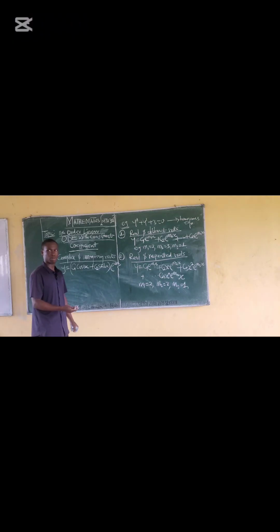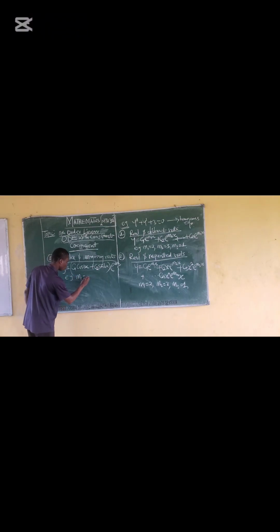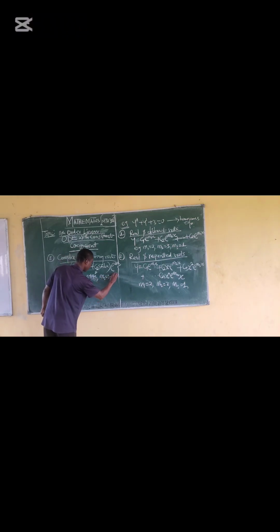There are some cases where the imaginary roots have to reoccur. For example, let me say you have m1 equal to 2 plus 4i, and m2 equal to 3 plus 6i.